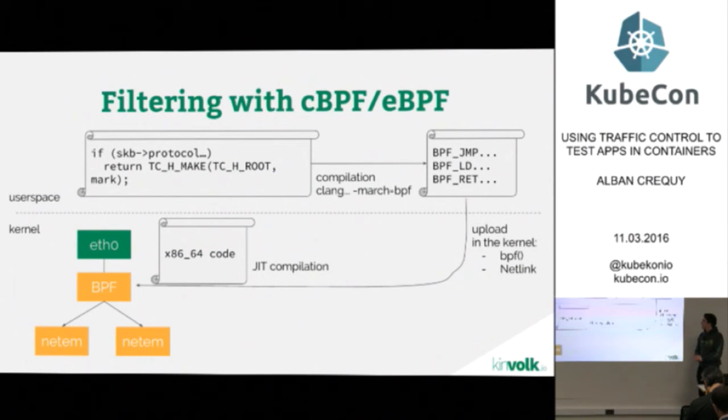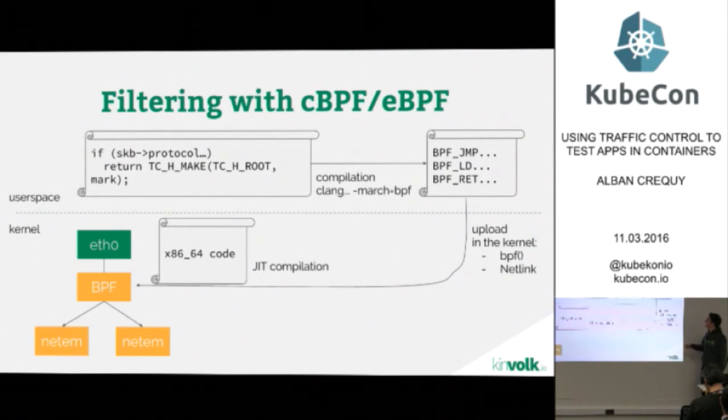There is a more complex way which can be used to filter packets. In this example, we can write some code in C language or a subset of the C language, and it can be compiled to the BPF architecture, which is kind of a virtual machine.